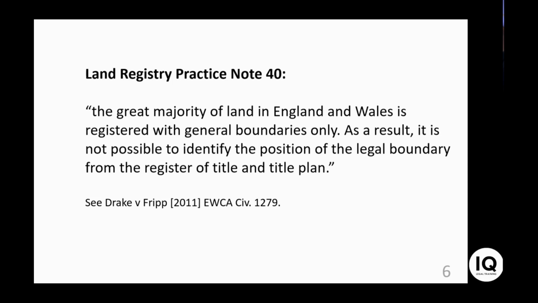So that's not quite right, but I'll get on to some other bits and pieces later. That's not quite an accurate statement of the position because it's not possible to identify the exact position of the legal boundary, but it's certainly possible to identify the general position of the legal boundary.